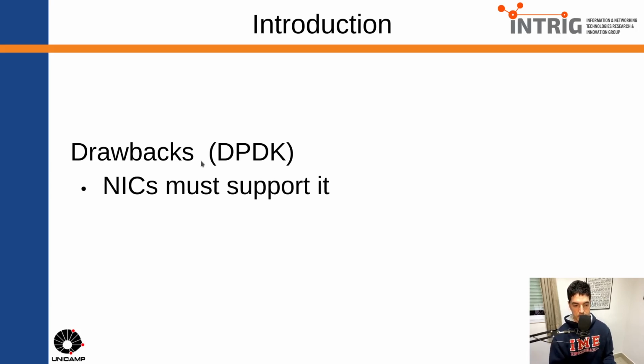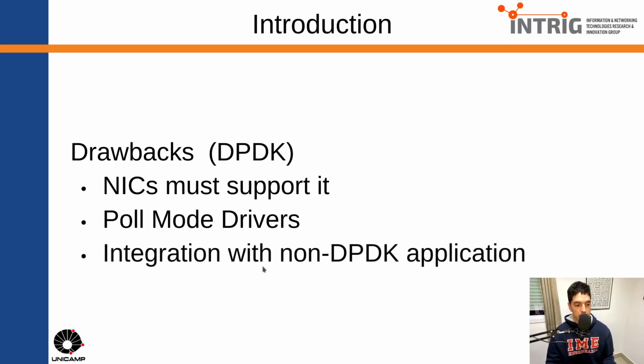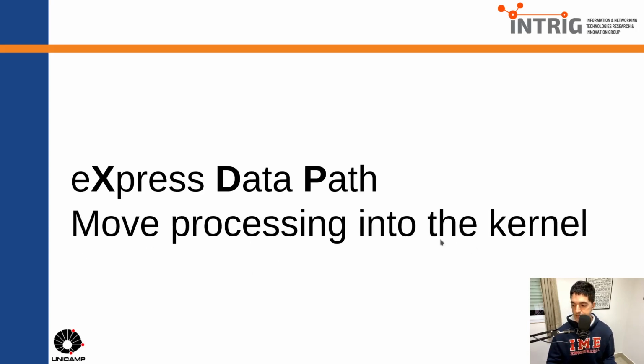As we saw, there is diverse infrastructure in MEC, and the poll mode drivers keep the CPU occupied even if there is no traffic. And we have to remember that in the MEC, we have to be concerned about efficient resource utilization, and the integration with non-DPDK applications is a hard task.